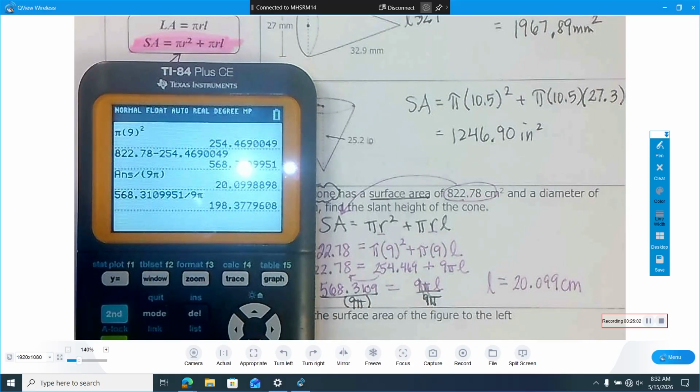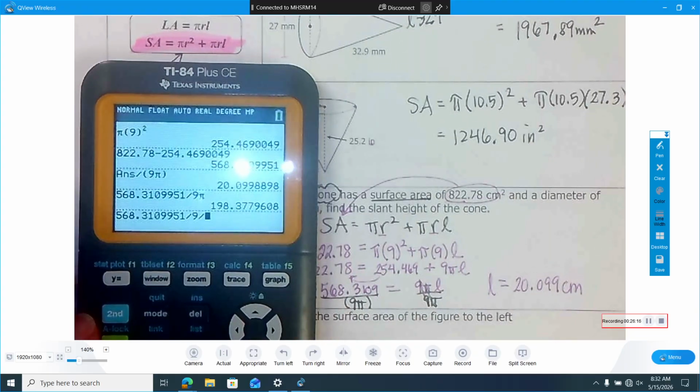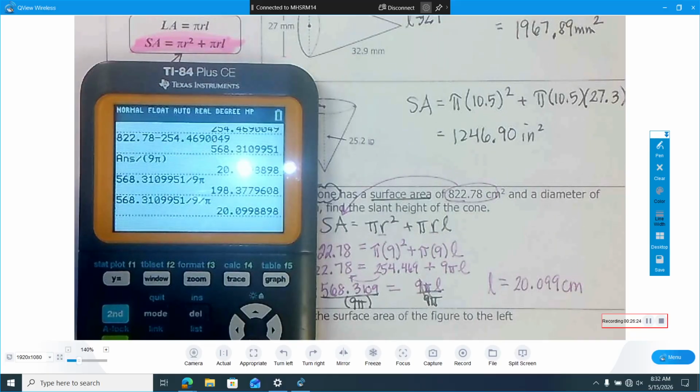Yes. It's reading, okay, take your number, divide by 9, then multiply by pi. All right? Instead, you could take your 568, you could divide by 9 and divide by pi. We want to make sure we're dividing by both things. Now the calculator will give you the right answer. Okay? It has to divide by both.